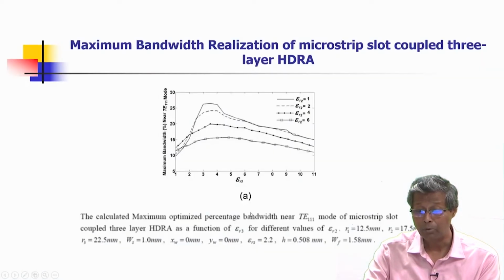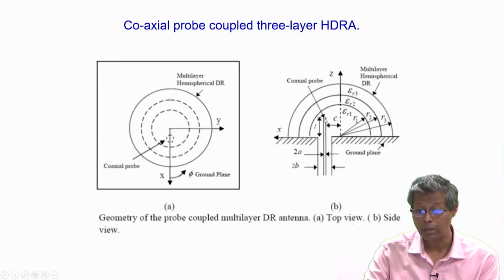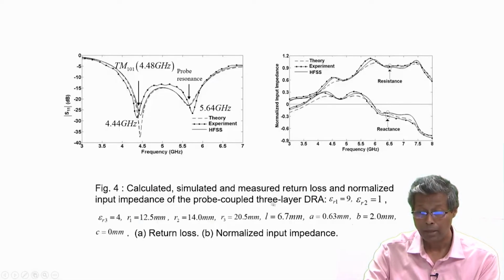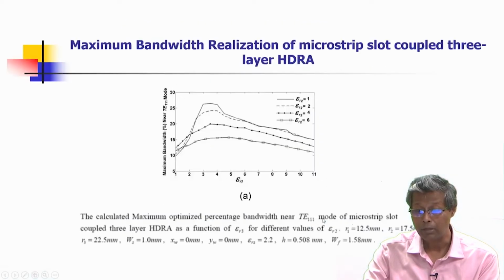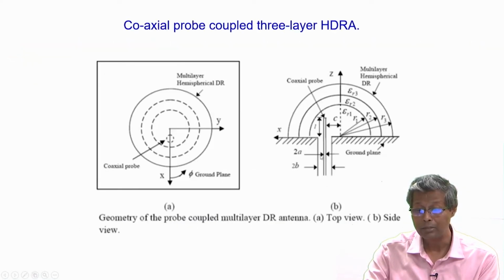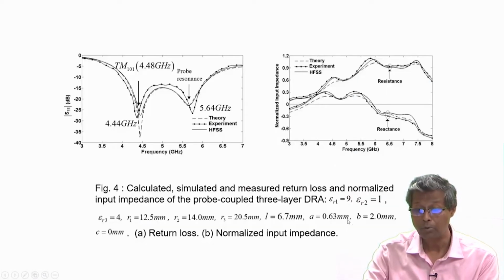L, the length of the probe, is 6.7 millimeter, C, the probe displacement, is 0 millimeter, and A and B. A is the radius of the inner conductor of the probe and B is the radius of the outer probe conductor. So, A is 0.63 mm and B is 2 mm.